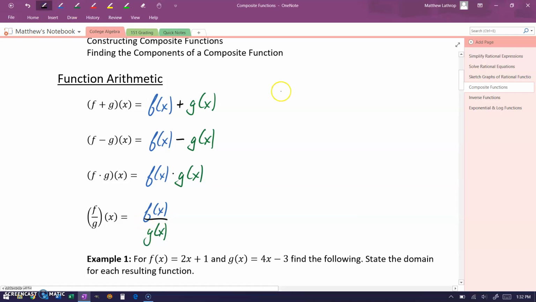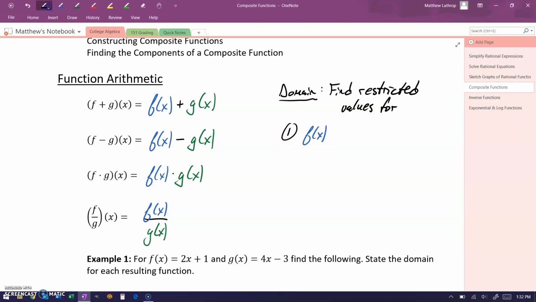In this process, we also want to make sure that we're establishing or identifying the domain of these resulting functions. In order to find the domain, what we want to do is find all restricted values for 1, the original function f of x, 2, the original function g of x, and then also look for any restricted values in the resulting function.